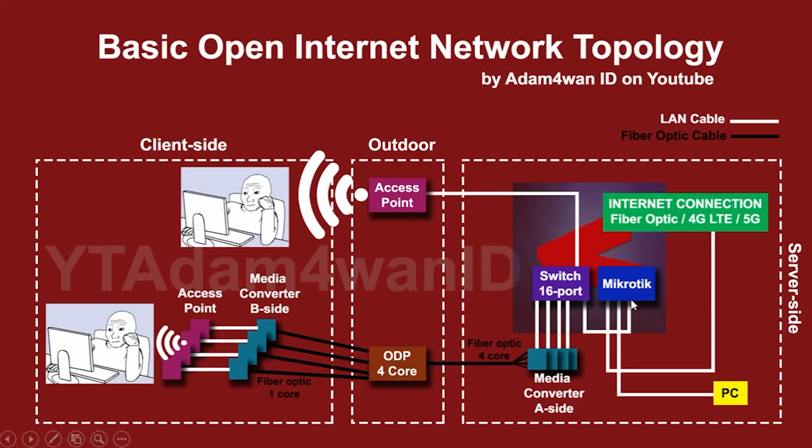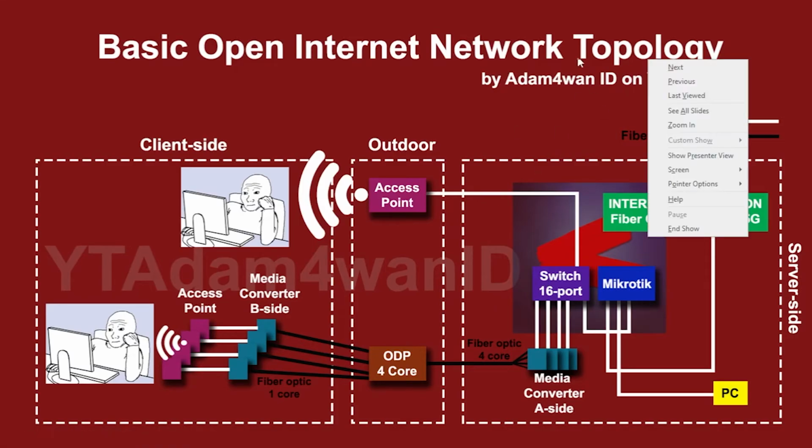And also from port 3 of the MikroTik you can use hotspot and also PPPoA. So what is PPPoA? PPPoA is basically internet to the home, internet to your client, right? So if your client location is below 80 meters, you can use the LAN cable, right?